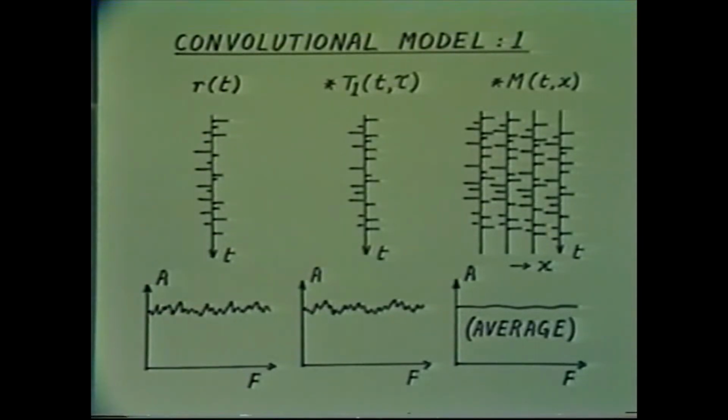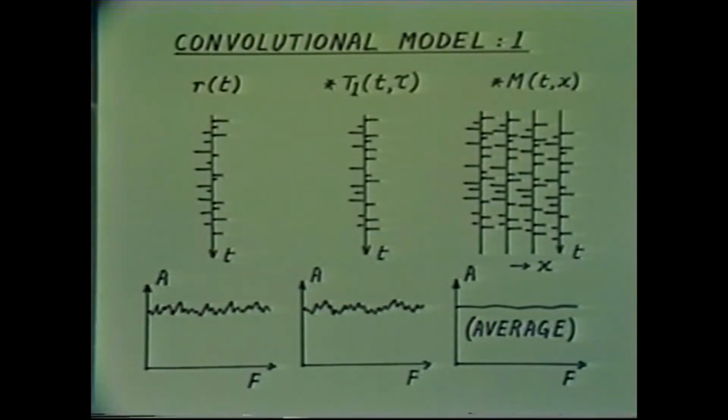However, this is not quite true in practice because of the finite time length of the normal seismic record, or the portion of the reflectivity sequence that we normally record. So that, in fact, the amplitude spectrum of the reflectivity sequence does show some fairly rapid fluctuations, although it is fairly flat overall.